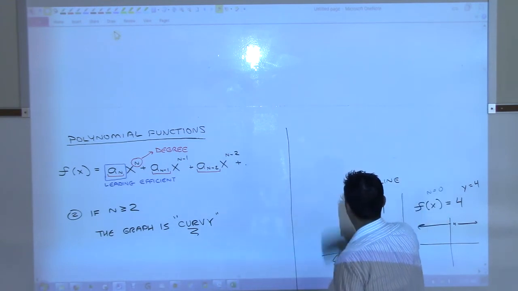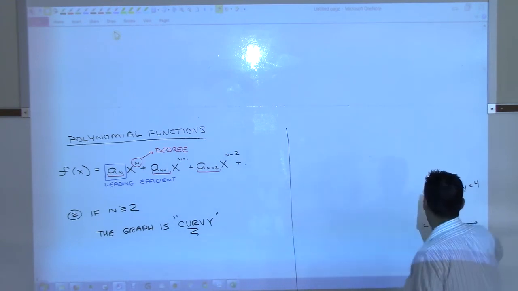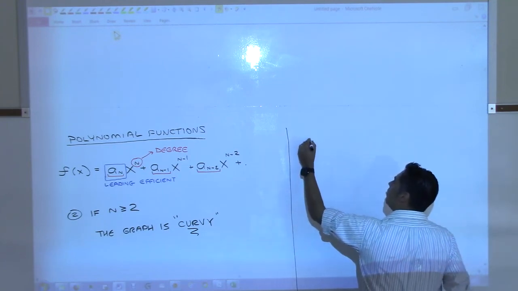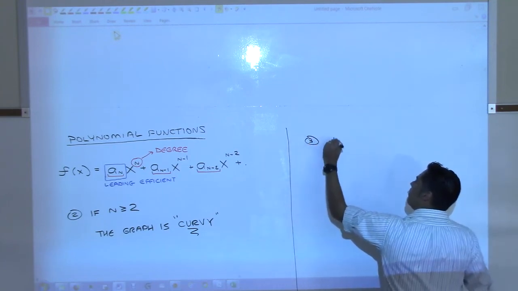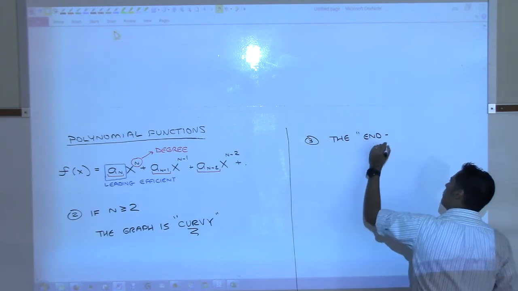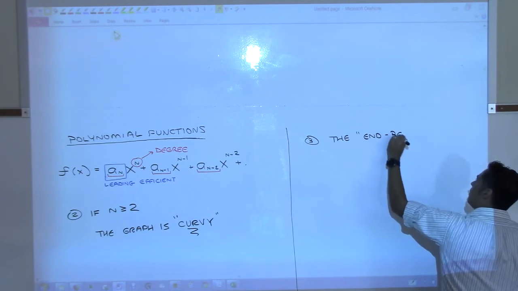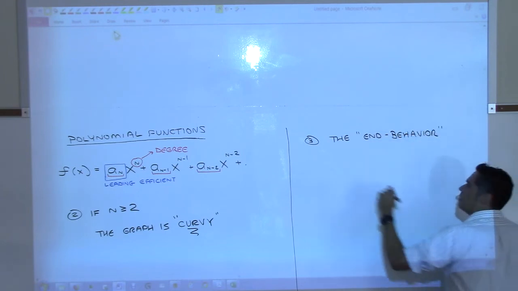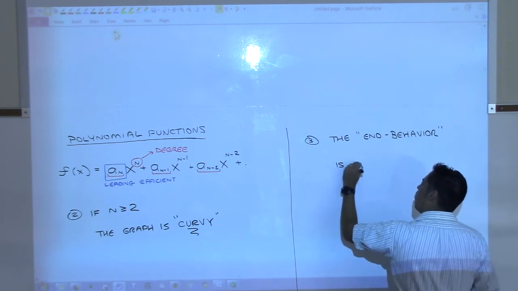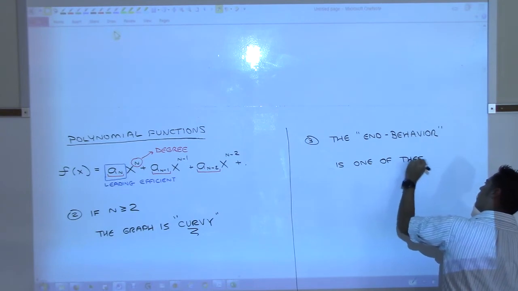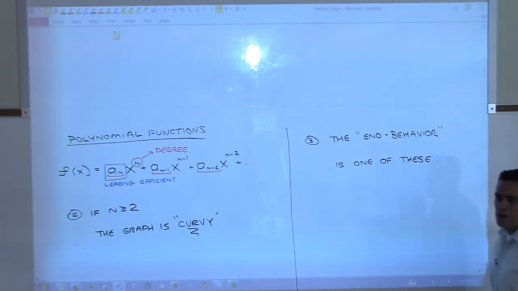Last thing I can tell you is this. The end behavior, this is the first time I've used these words, is one of these. Let me try to explain this visually.